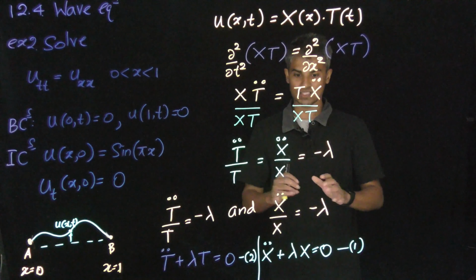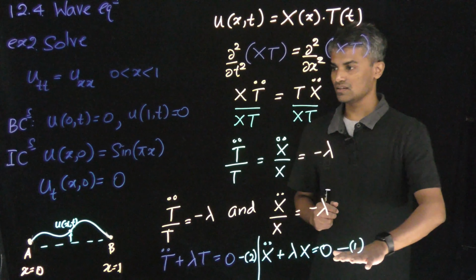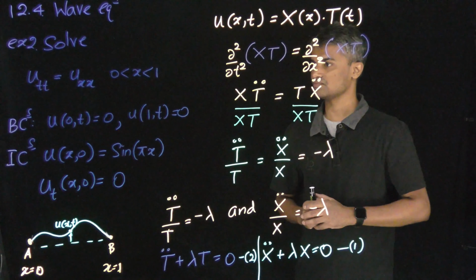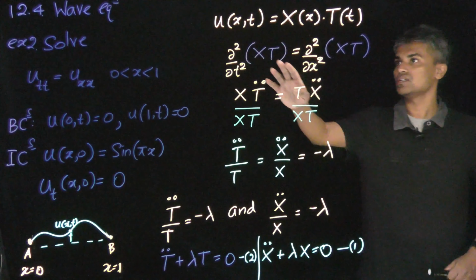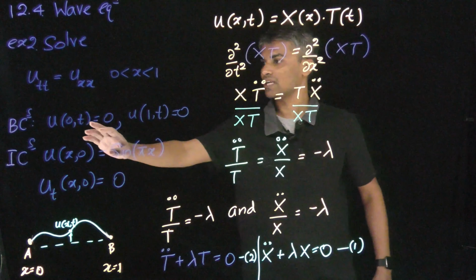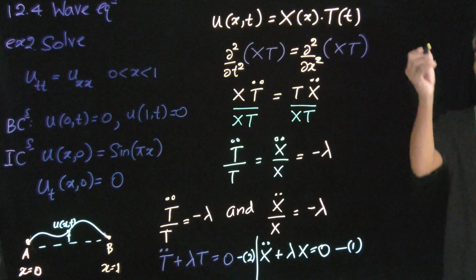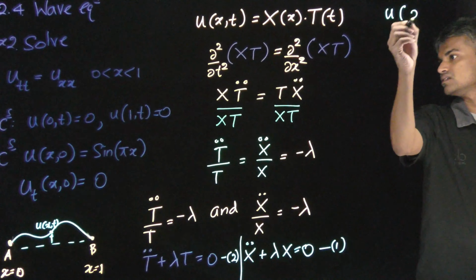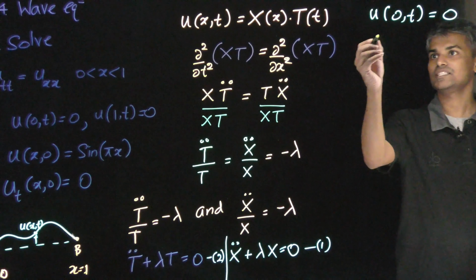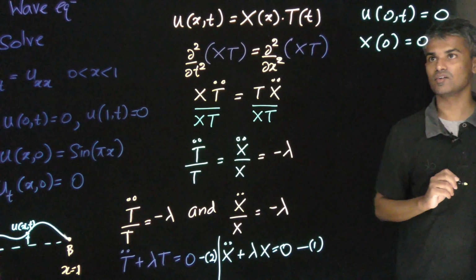Now, before we solve these two equations, let us find the corresponding boundary conditions for the big X variable. So u equals big X times big T. Now, if you think about this first boundary condition, you have u of 0 comma t equals 0. So this means big X at x equals 0 should be 0.